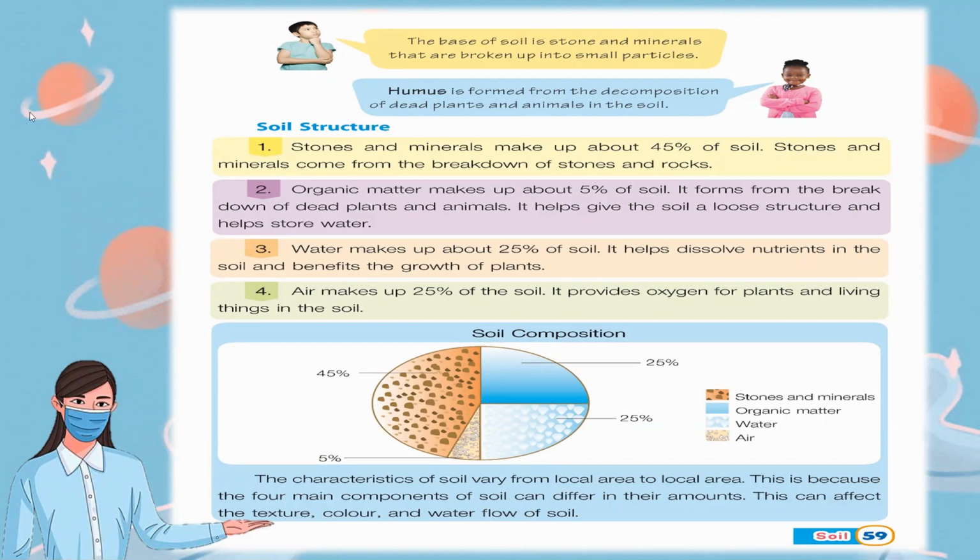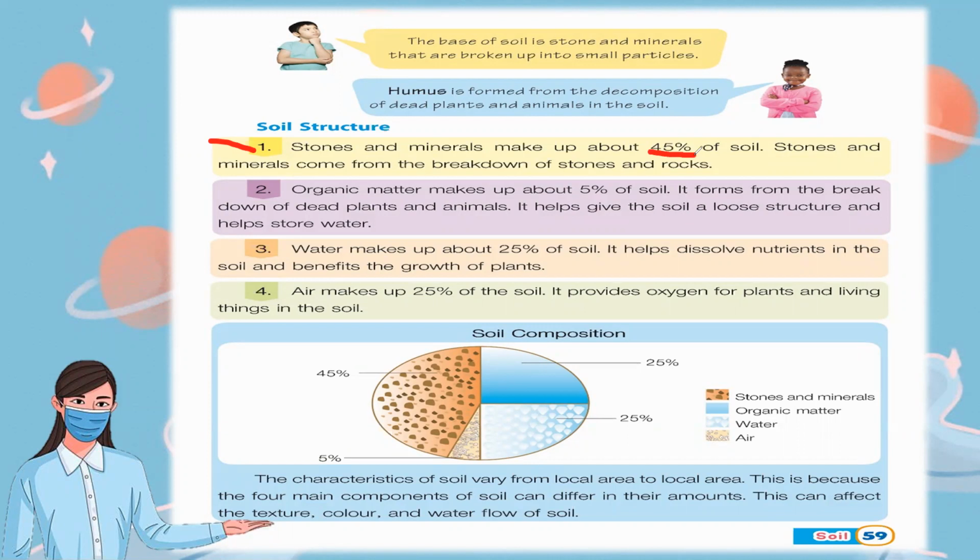So here we have four different structures of the soil. Number one, the first structure: the stones and minerals. Stones and minerals make up about 45% of soil.